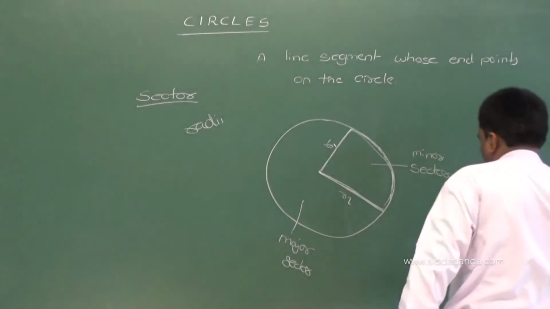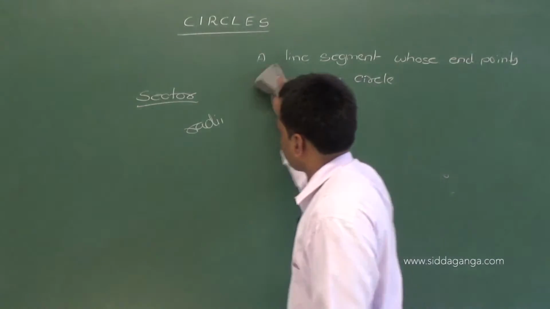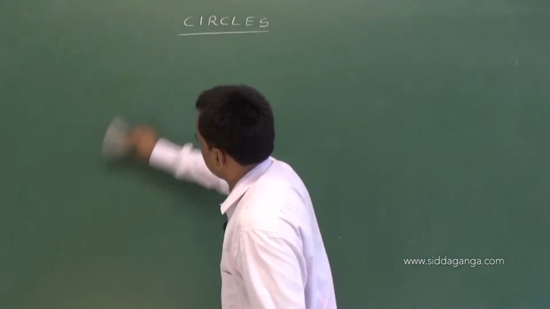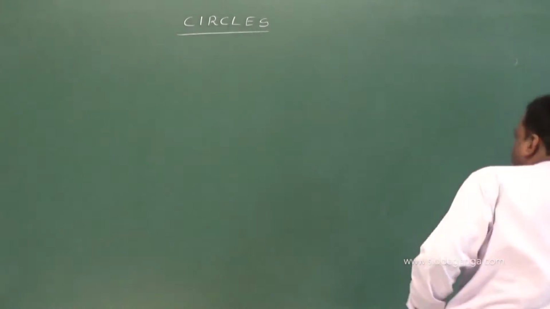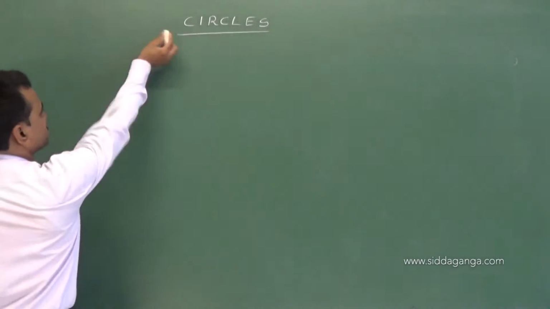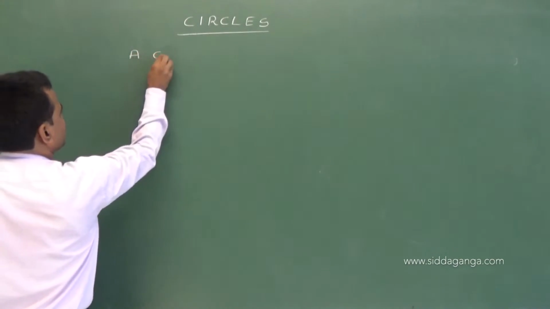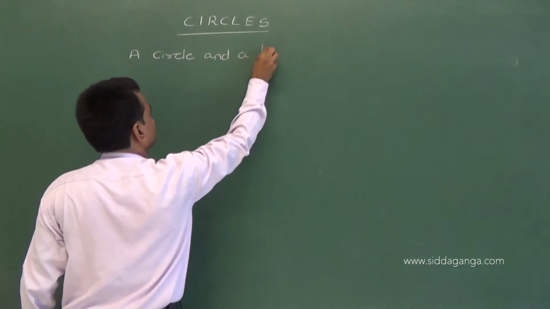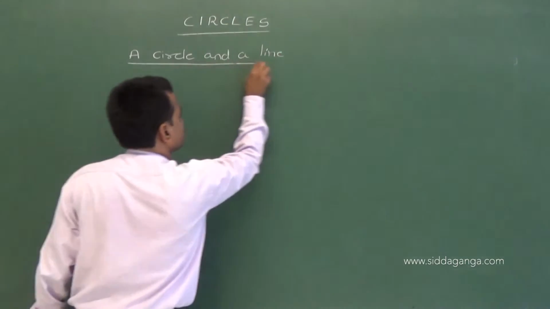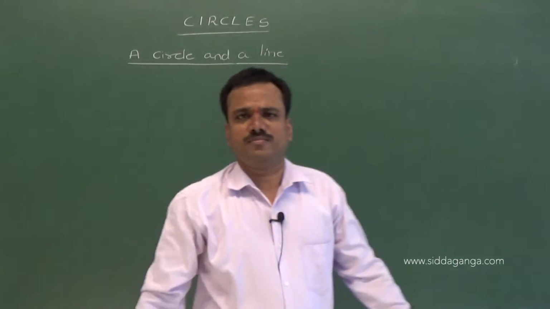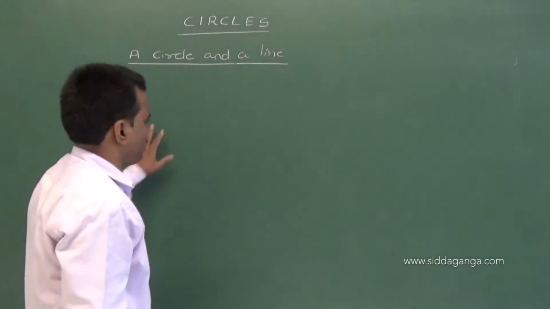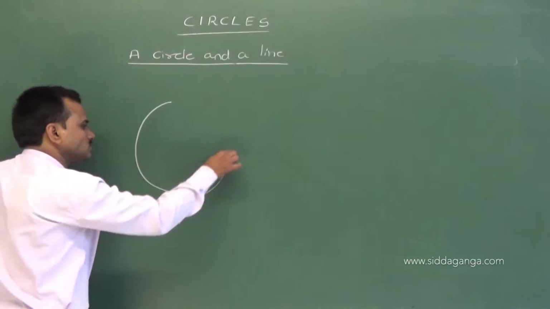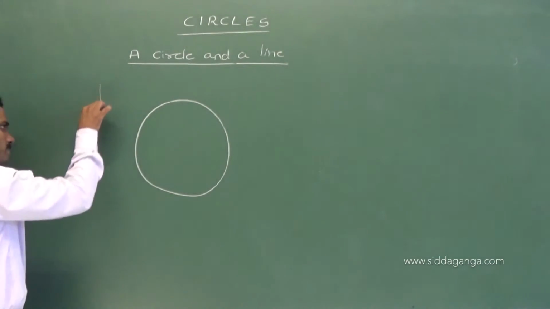So the 10th topic, the first concept, is a circle and a line. Very important concept. A circle and a line. For that, I draw 3 circles and 3 lines.